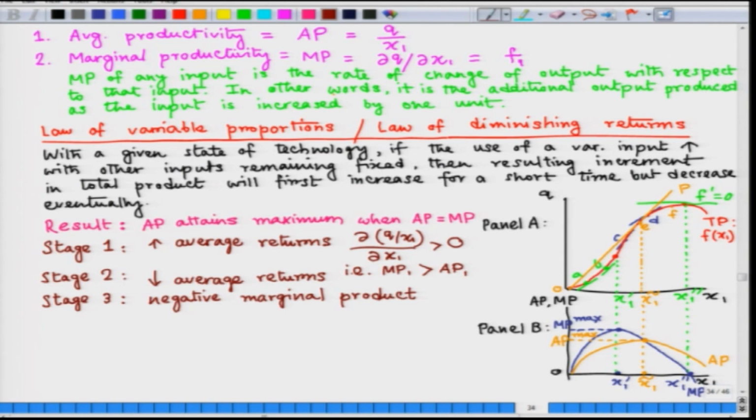So, this is basically our stage 3, where the marginal product is negative.